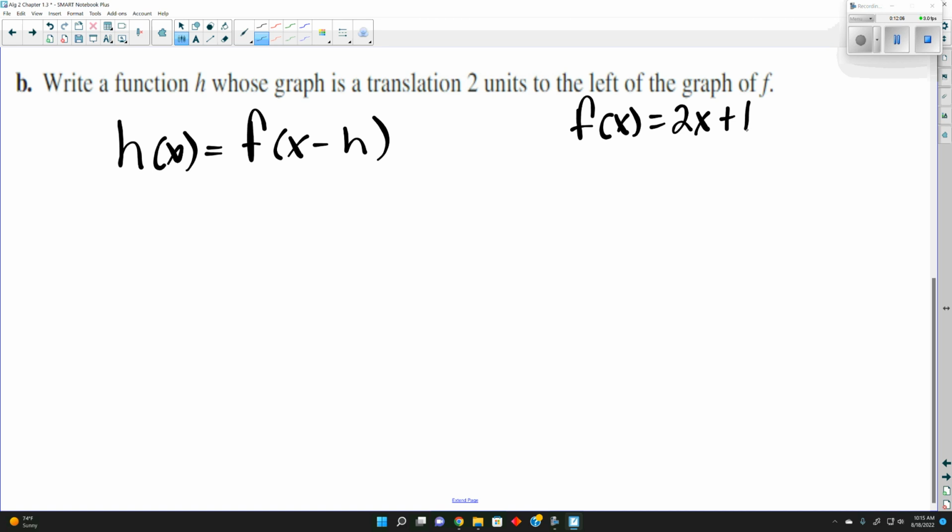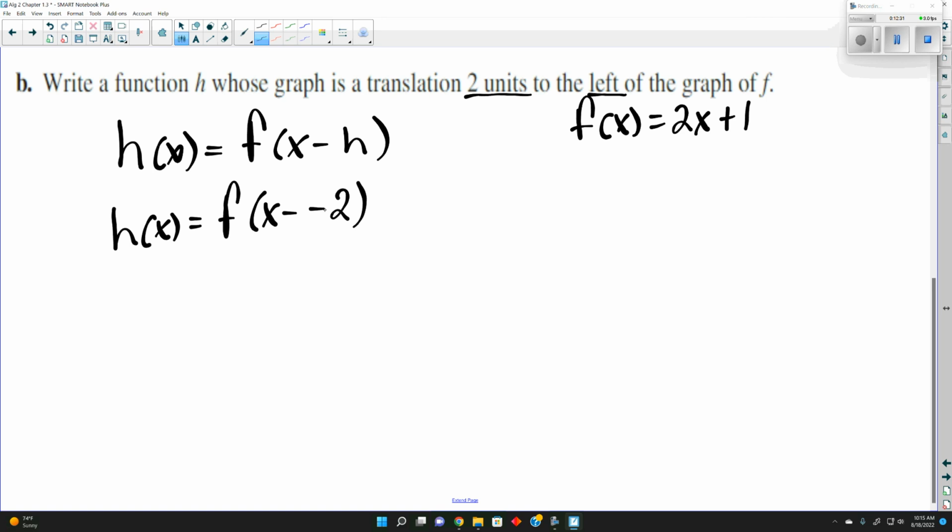So we're still going to be using this function here. Now we're saying it's moving what? 2 units to the left. So our value of h is going to, not this h, but this one here, is going to have a value of -2. So it would be -2.